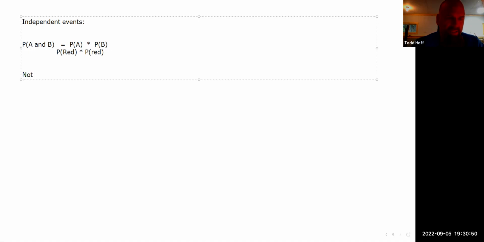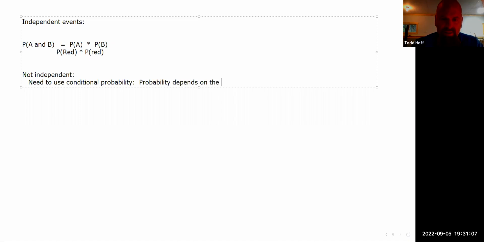If they are not independent, we have to use something called conditional probability, where the probability depends on the result of a previous event.